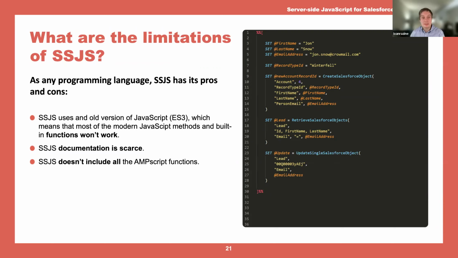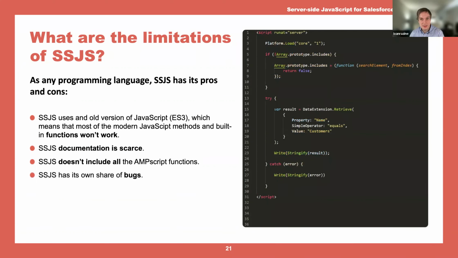But unfortunately, stuff like creating a Salesforce object, which is a native integration, doesn't exist in server-side JavaScript. So you have to either use the two at the same time or do the hybrid method: include Ampscript as text and then render it with the TreatAsContent function. So you have to jump through some hoops in order to perform some tasks.